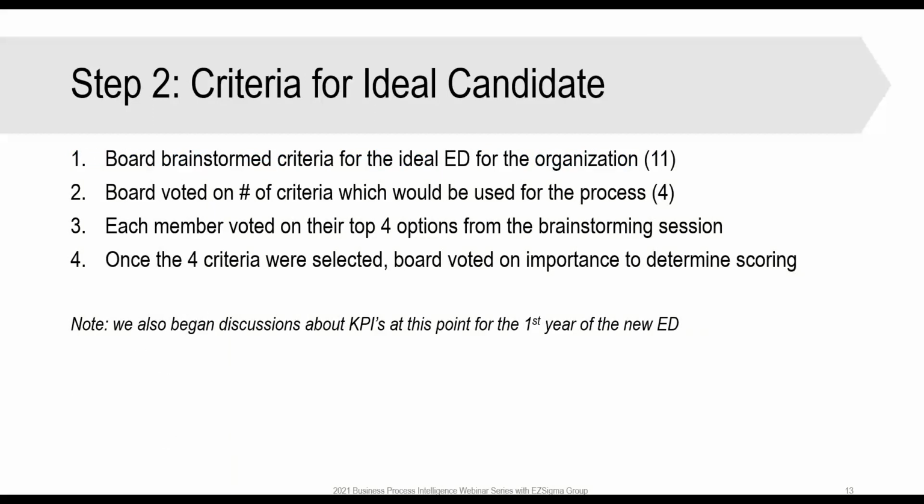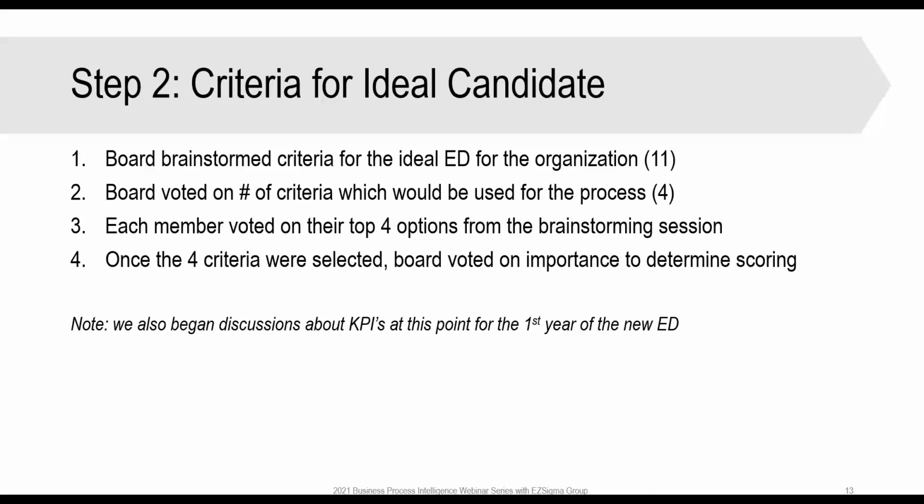So when we got to the point of talking about the actual criteria for our ideal candidate, we began just with a brainstorming session. This brainstorming session came up with 11 different criteria. We found that that was far too many to have, so we decided that we wanted to limit it down to 4.